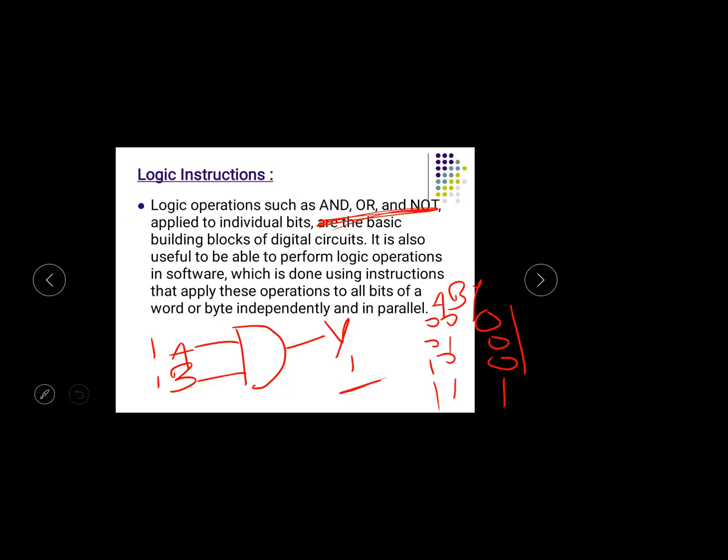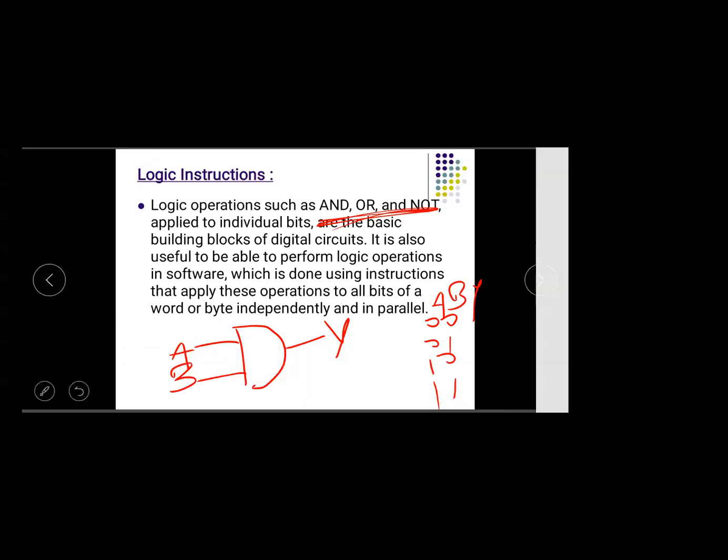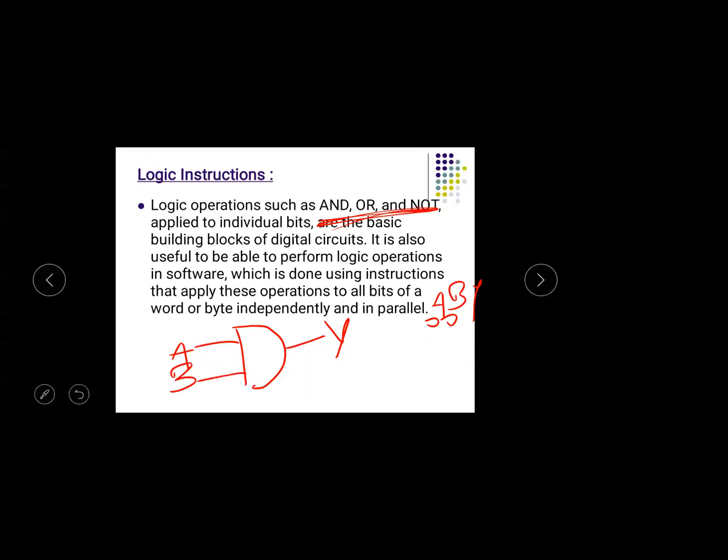And the next one is the OR gate. This is the OR gate symbol, with inputs A and B and Y the output.